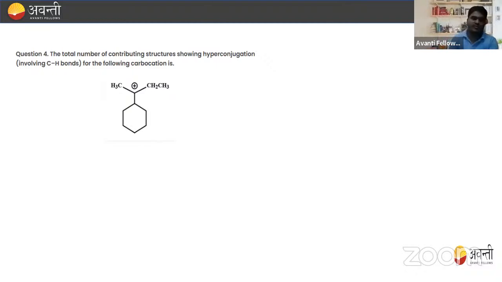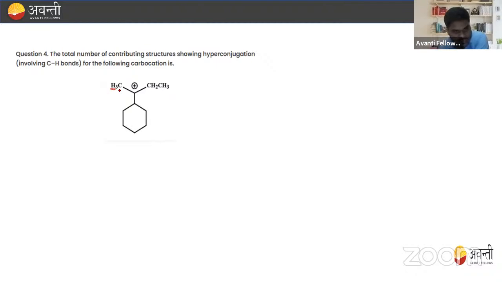Now, there are six hydrogen atoms on the carbon atoms adjacent to the carbon atom containing a positive charge.